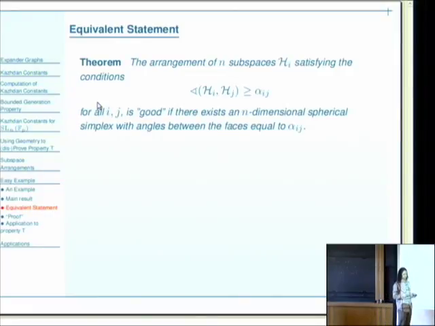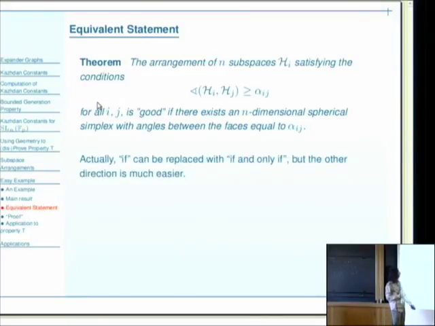This is more or less the same as the condition that you have a spherical triangle if and only if the sum of the angles is more than pi. This is the translation of the statement. And the existence of a spherical simplex is known to be equivalent to positive definiteness of this kind of matrix. So the statement is if and only if, and one direction is very easy: if you don't have a spherical simplex, forget it. There is no chance you can do it.